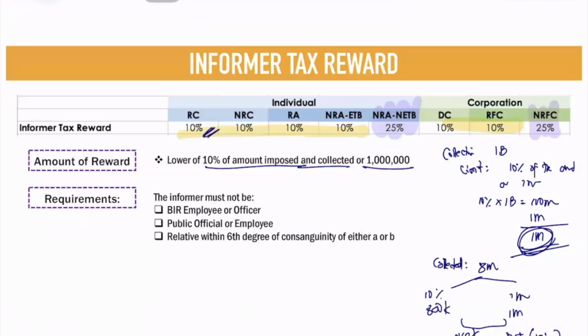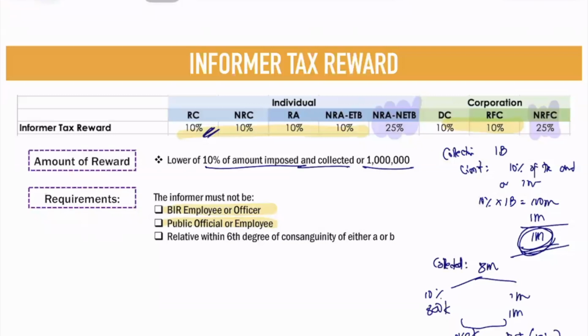And you have other requirements. And what are those requirements? First requirement is that the informer must not be a BIR employee or official. Why? Because it is part of their duties or responsibilities for the proper collection of taxes. Next, public official or employee. You must not be a public official or employee again because you want the government to have enough funds.